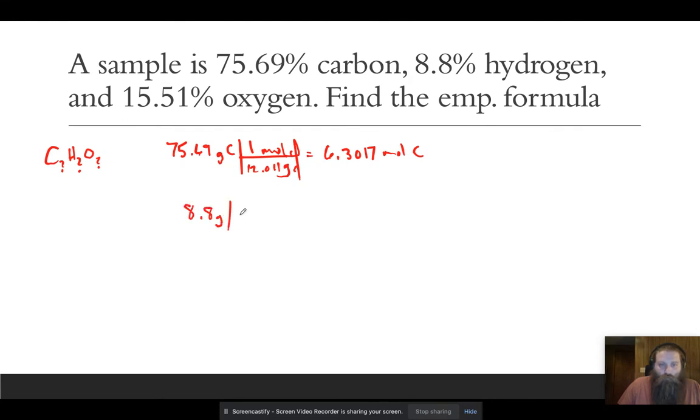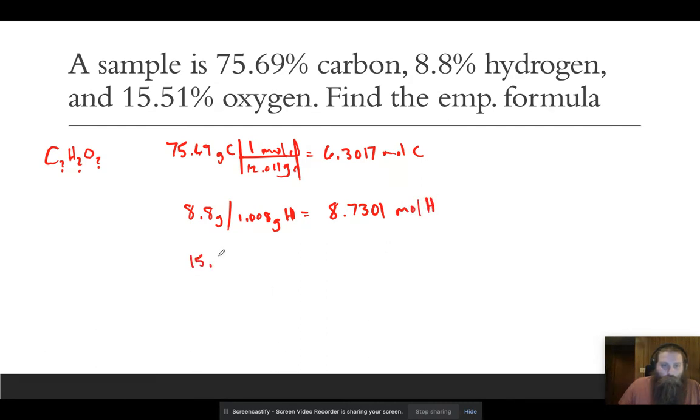8.8 divided by 1.008 grams of hydrogen gives me 8.7301 moles of hydrogen.